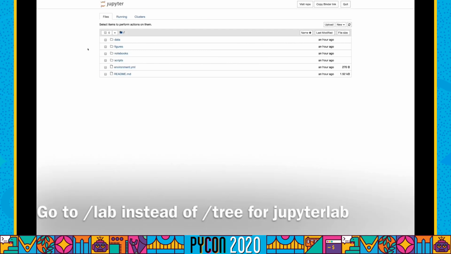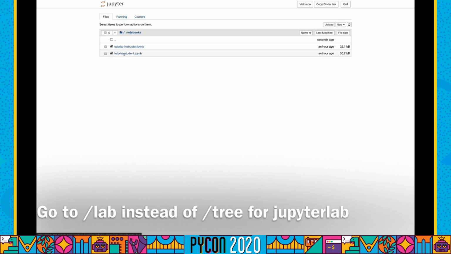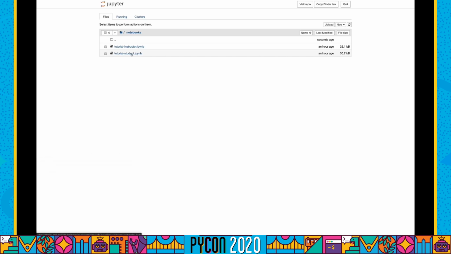Once Binder has loaded, you'll be brought to an interface that looks like what I have on my screen. The most important directory inside here is the Notebooks directory. Go ahead and click on that. Inside the Notebooks directory, you'll find the main notebooks that we will use for today's tutorial. There are two versions, one being the instructor version and the other being the student version.